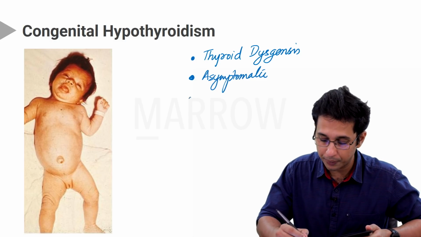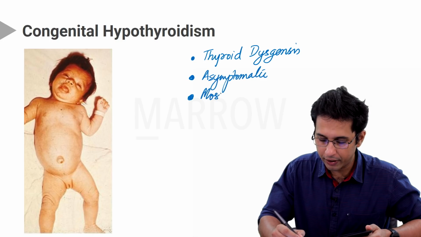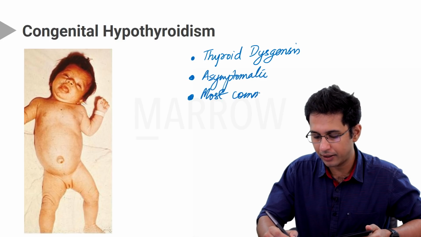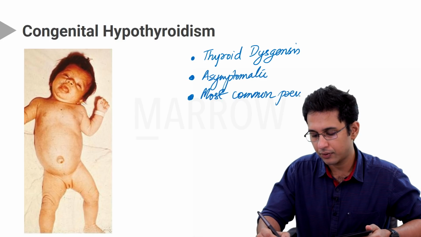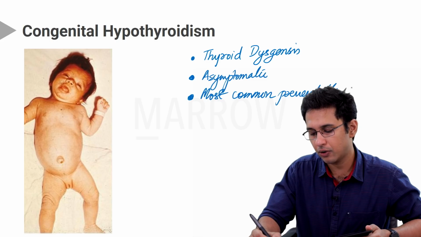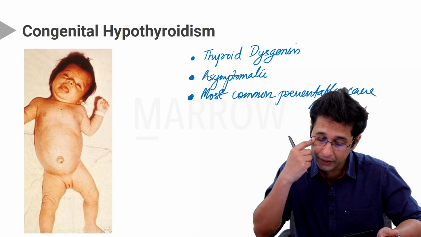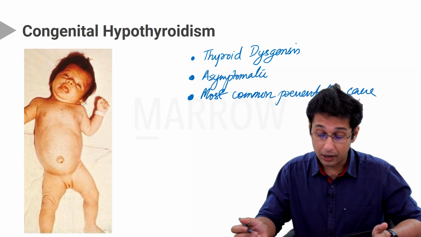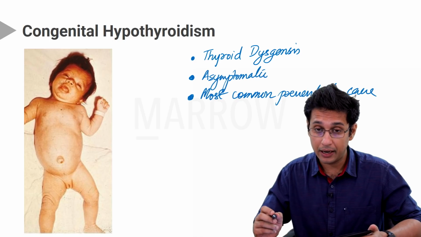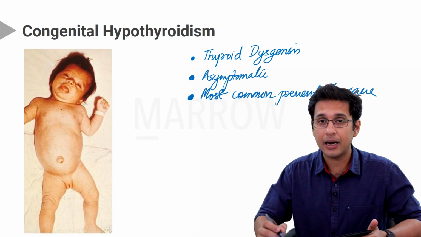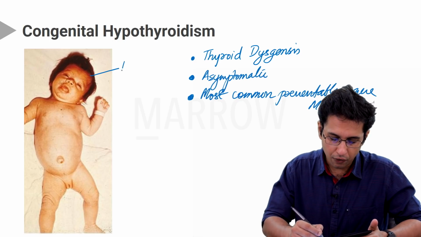This comes to the third MCQ: most common preventable cause of mental retardation. So make sure you screen all babies for congenital hypothyroidism. Now, if the baby ends up having congenital hypothyroidism, what do you notice?